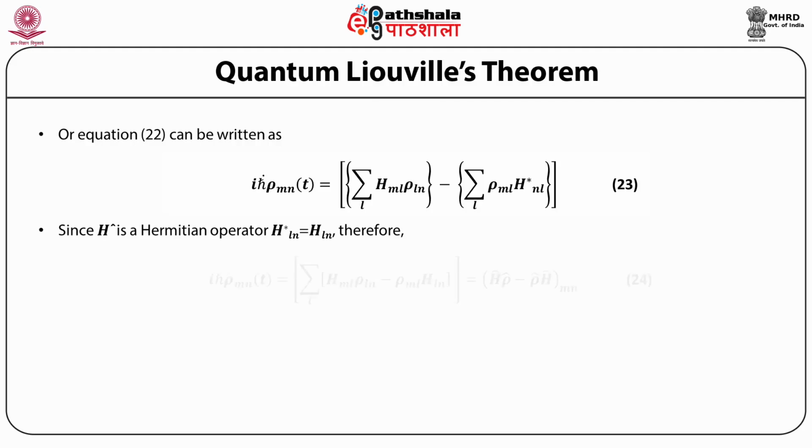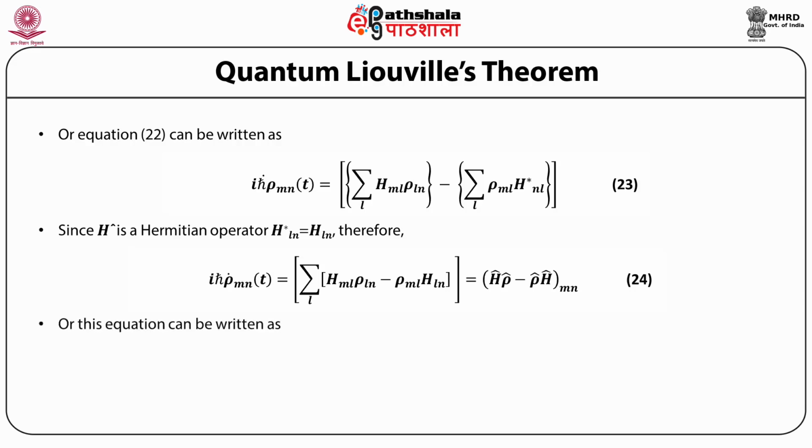Therefore, iota h bar rho dot mn as a function of t is equal to, within the square brackets, summation over l H ml rho ln minus rho ml H ln, which is equal to the matrix element between the states m and n of H operator multiplied by rho operator minus rho operator multiplied by H operator.